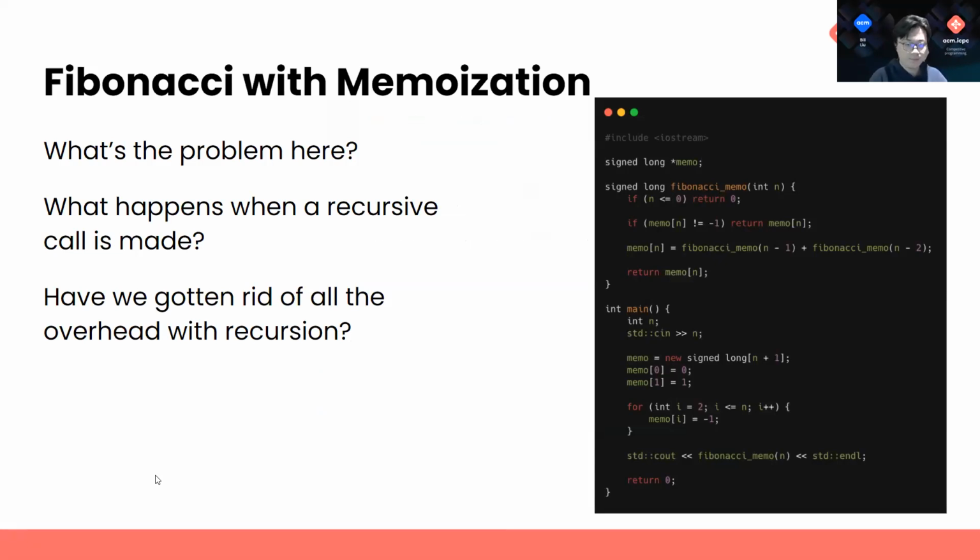But again, what happens when a recursive call is made? Is there still a problem here? Have we gotten rid of all the overhead with recursion? And again, feel free to unmute or type in the chat if you know the answer, or if you have any idea.